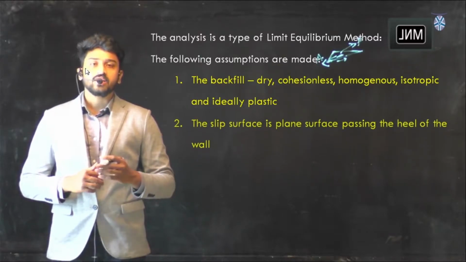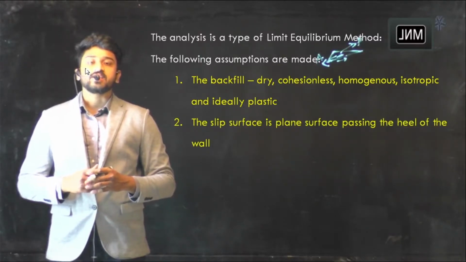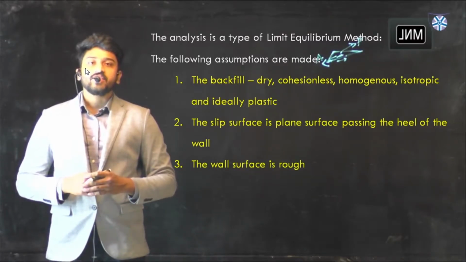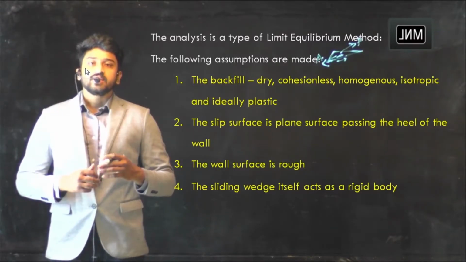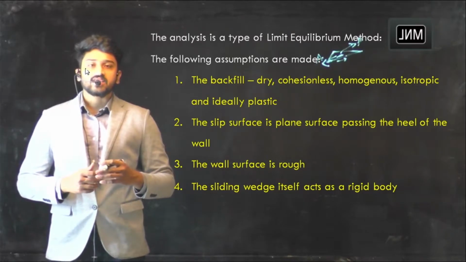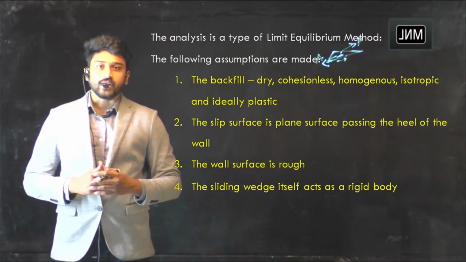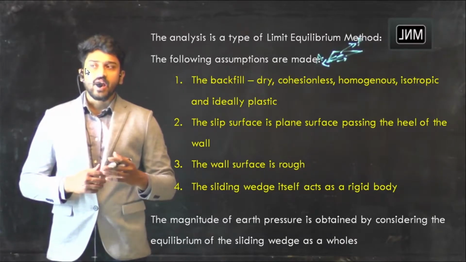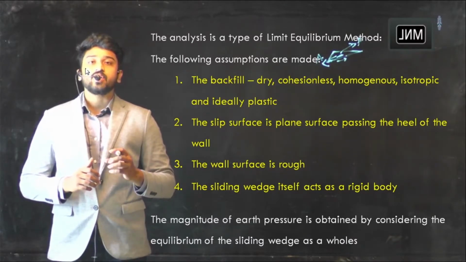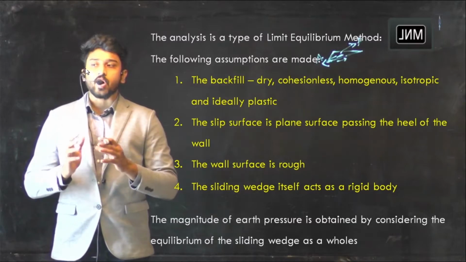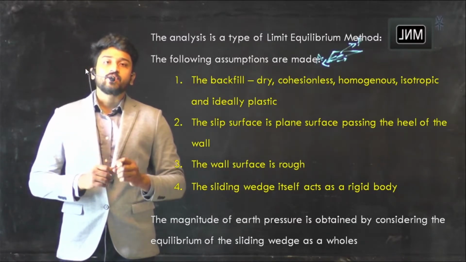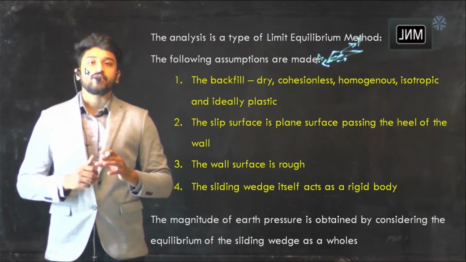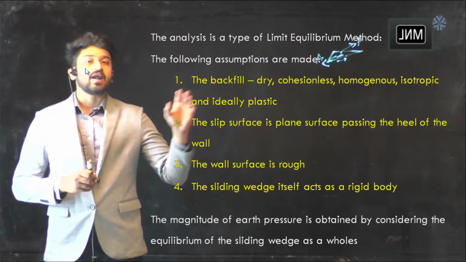The slip surface is assumed to pass through the heel of the embankment, and the wall surface is assumed to be rough. The sliding wedge acts as a rigid body, and the magnitude of the entire earth pressure is obtained by considering the equilibrium of forces acting on the entire wedge.